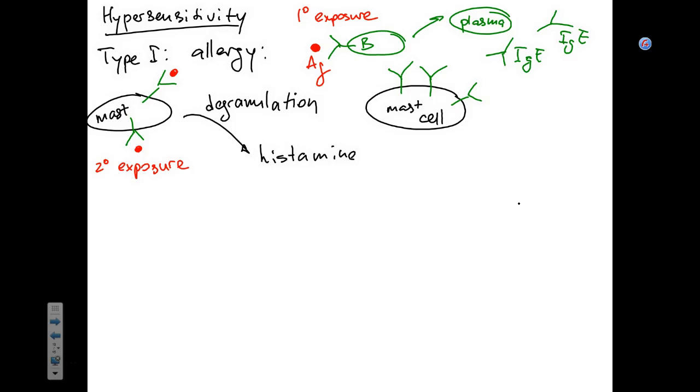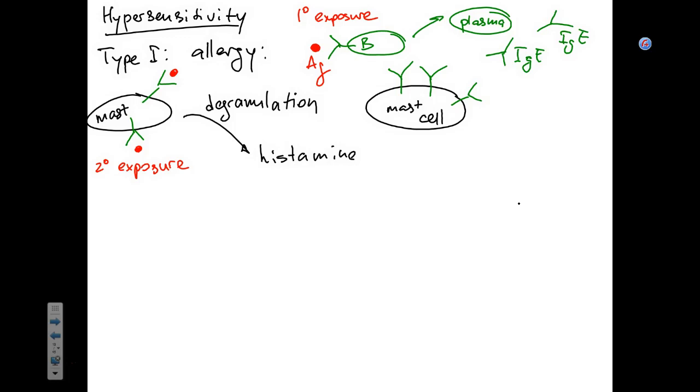Same happens in the lacrimal glands. They produce more tears, and they cannot drain into the nose because mucus blocks the lacrimal ducts. In the skin, you get little inflammatory foci, which are called hives.